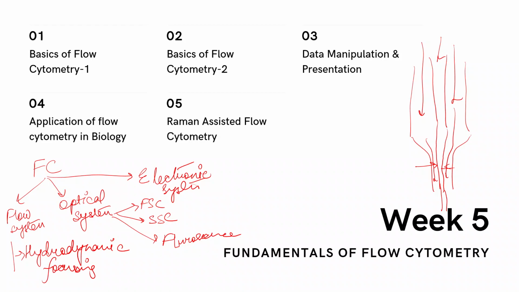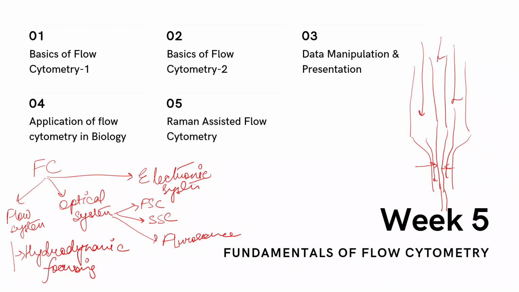And then you have some concepts on compensation and gating. Compensation is something where, if you have multiple fluorophores, you have to take care that the signal from one fluorophore does not spill over to the other, because there can be some overlapping in their signals. Checking that out is compensation.